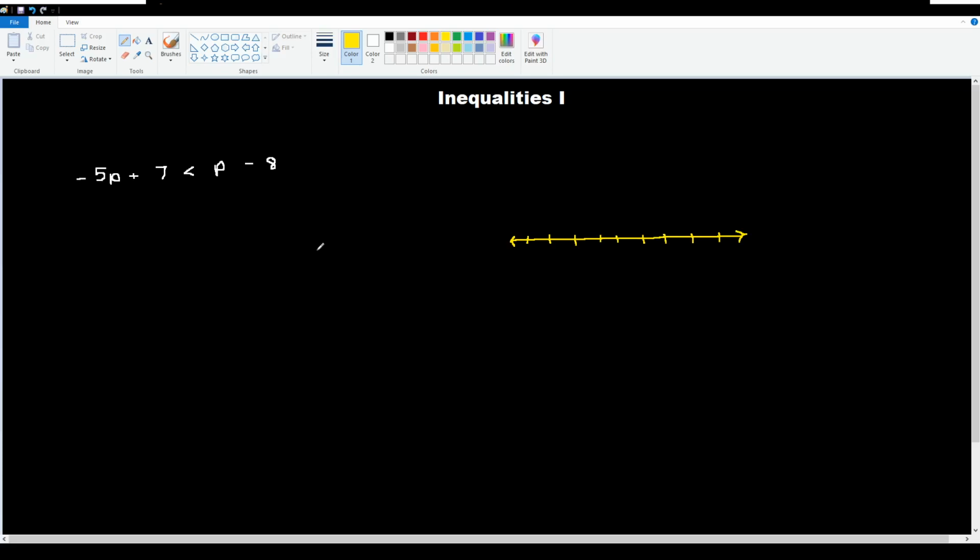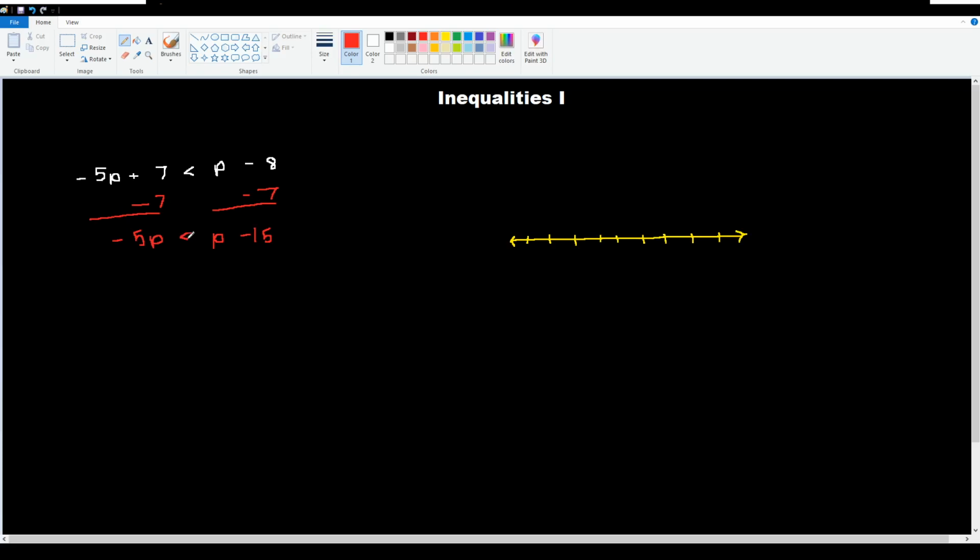Okay, so our first step is solving this actual inequality. So what we're going to do is tackle it just like we would tackle an equation. So we're going to go minus 7 both sides. That red looks really nice. And we're gonna carry down the negative 5p, and negative 8 minus 7 is negative 15, and we bring down the p, we get p minus 15.